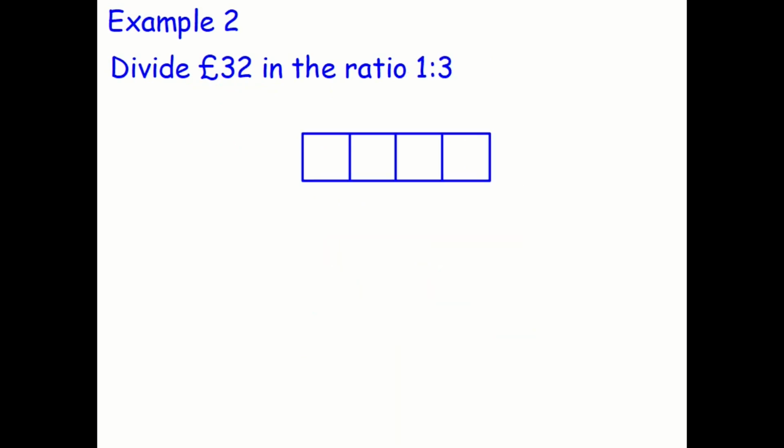Example number 2, divide £32 in the ratio 1 to 3. Again, if you add these two together, you will find that 1 plus 3 is 4, which is why I've got 4 boxes here. And I want to split £32 between those 4 boxes. So 32 divided by 4 is 8. So 8 goes into each box.